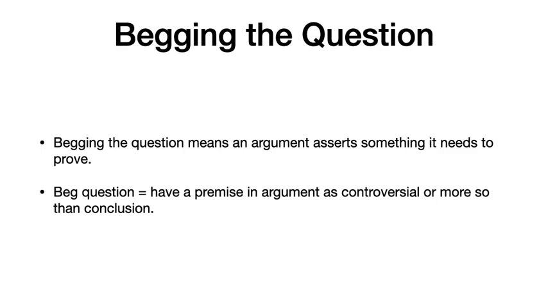And the textbook example of question-begging arguments are just circular arguments, where one of the premises basically asserts the conclusion. It's not the only way to beg the question, though, and it's really not the one that you should be on the most lookout for. Whenever any of your premises is as controversial as your conclusion, you beg the question.